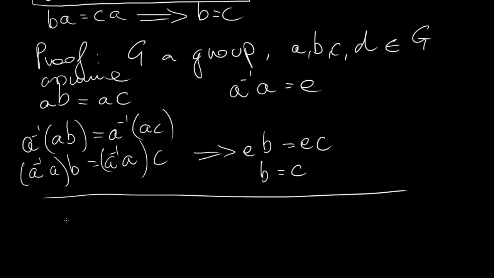If AB is equal to CA, this does not imply that B equals C. This is not working. Remember that these are elements, they're not numbers. If they were matrices, you already know that AB and BA are not necessarily the same.